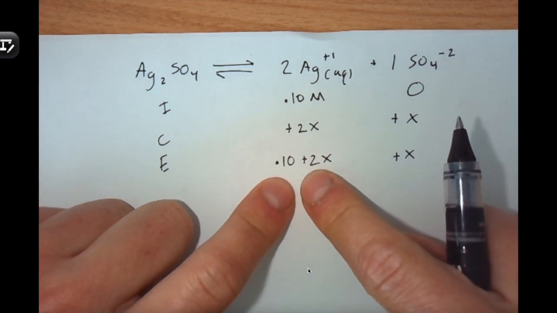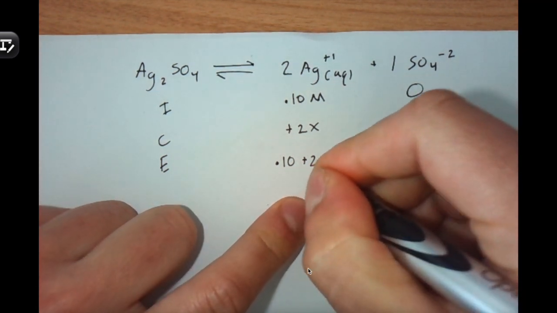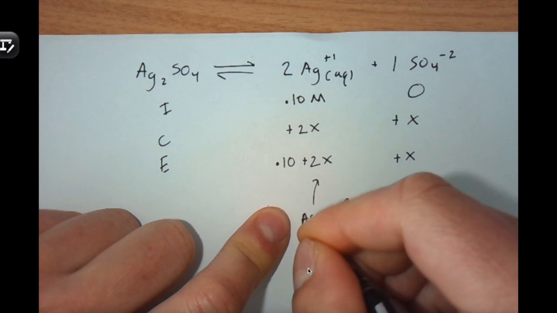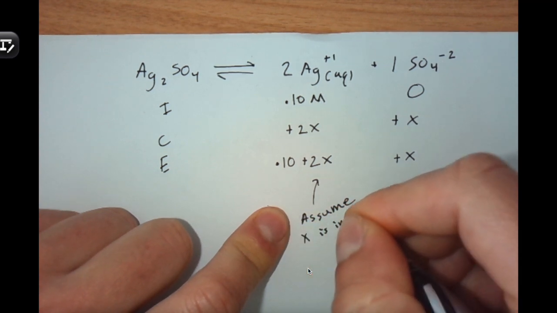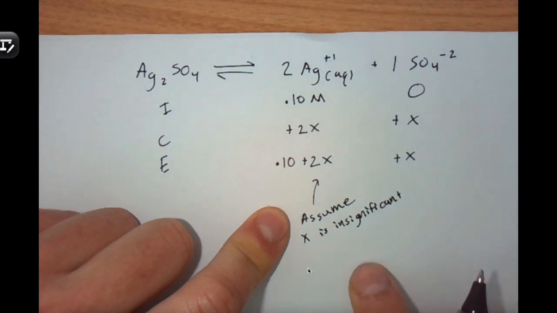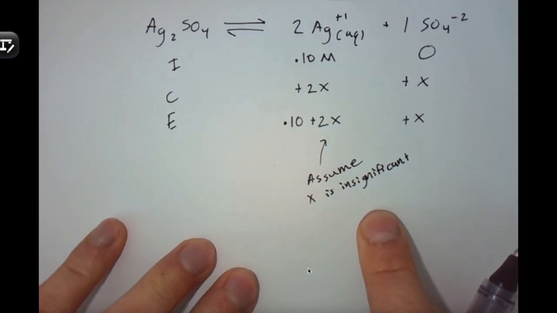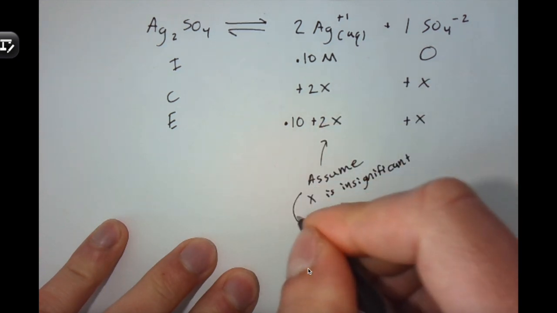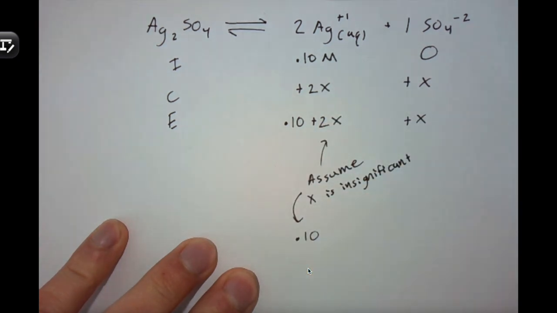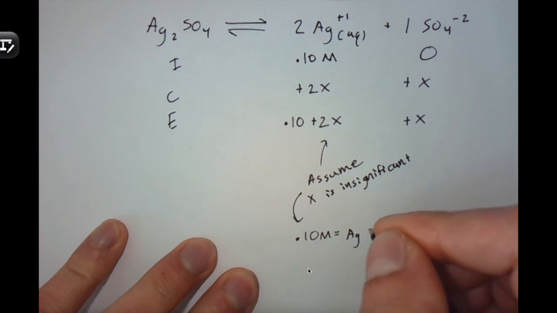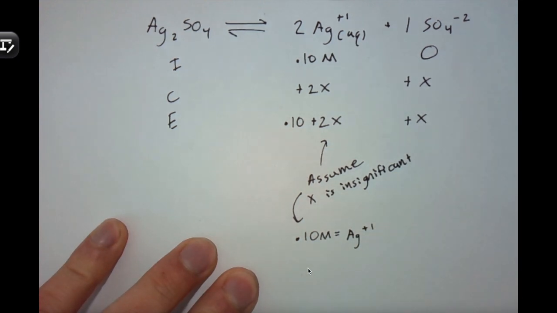So what you can actually say is you can assume x is insignificant. And if you assume x is insignificant, your equilibrium here actually changes to just 0.10 molarity, my Ag+ concentration.